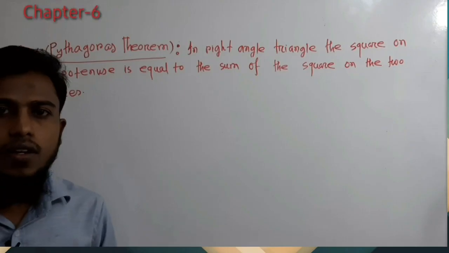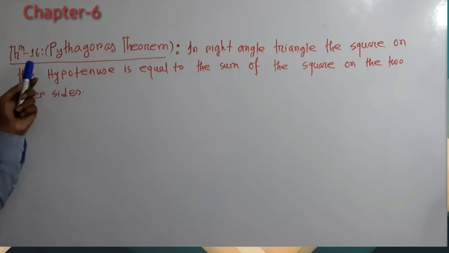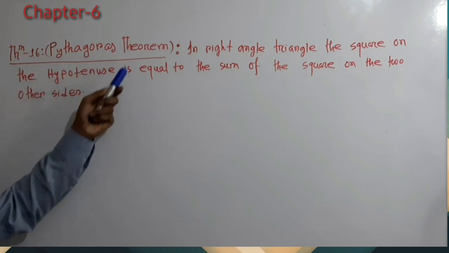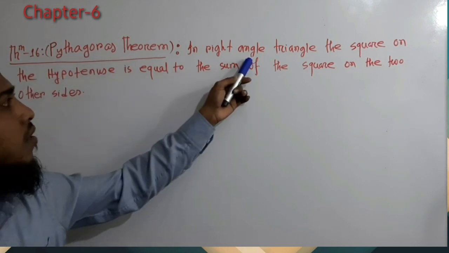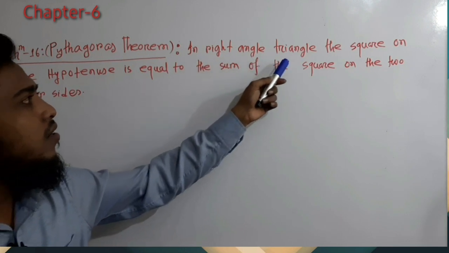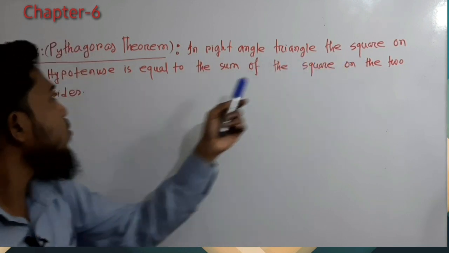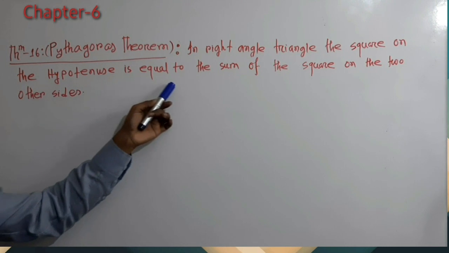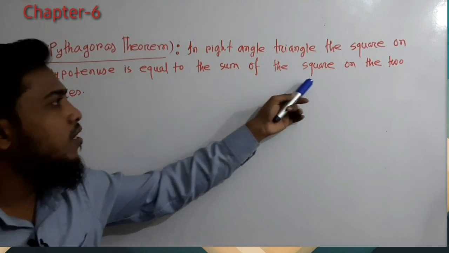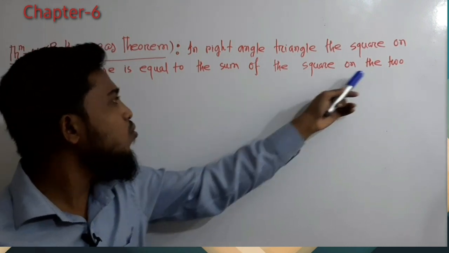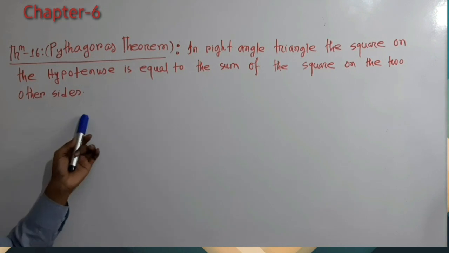My dear students, our second theorem, theorem number 16, Pythagoras theorem. The statement of this theorem: in a right angle triangle, the square on the hypotenuse is equal to the sum of the squares on the two other sides.